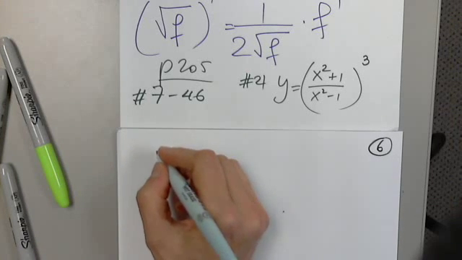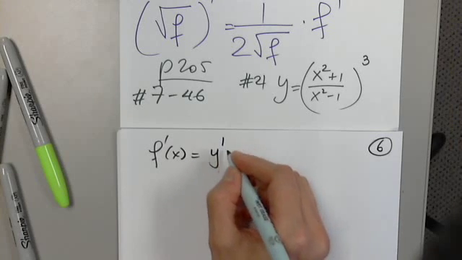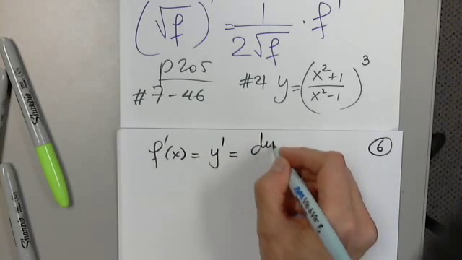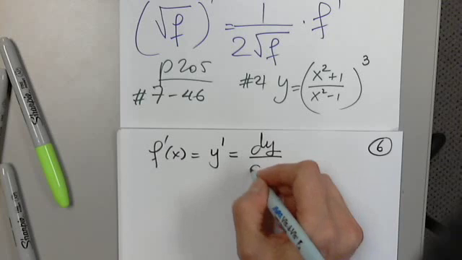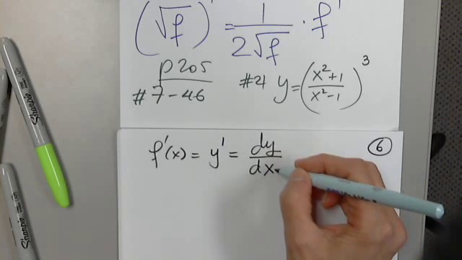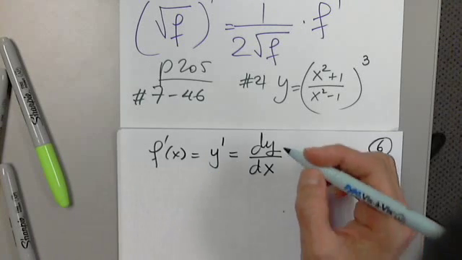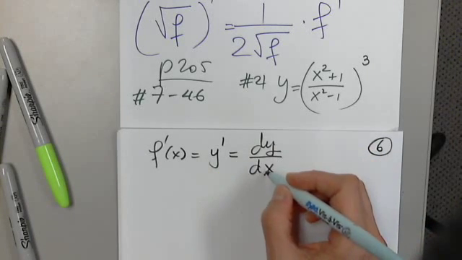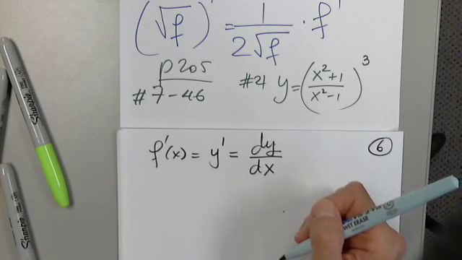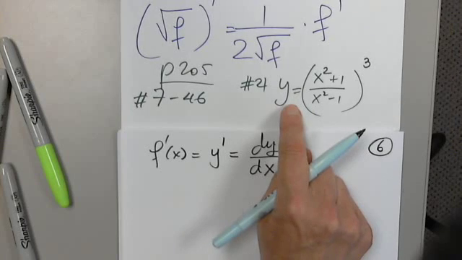And here's the notation. f prime of x is the same as y prime, and is the same as the derivative of y with respect to x. In short, we say dy over dx. One more time, f prime, y prime, same thing, and the derivative of y with respect to x, in short, dy over dx. So I would like to start using this notation.